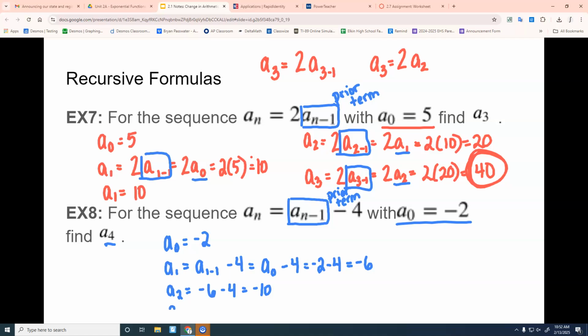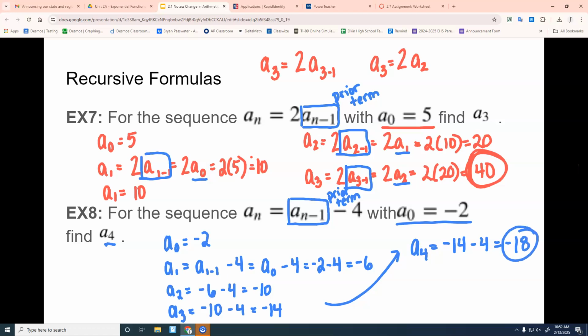And then if I want a sub 3, I take the prior term, negative 10, and subtract 4, and that'll give me negative 14. And a sub 4 is what they're asking me for. So I take the prior term, which was negative 14, and subtract 4, and I will get negative 18 as my answer.